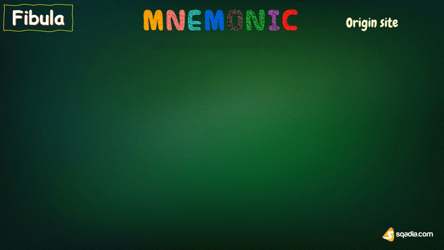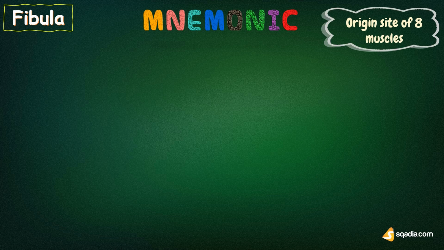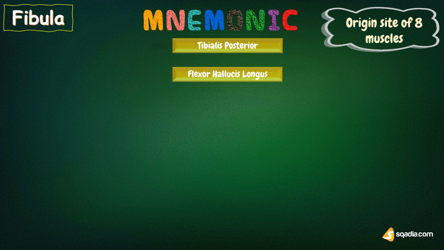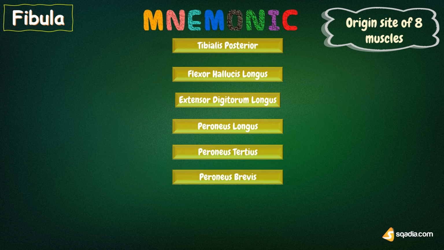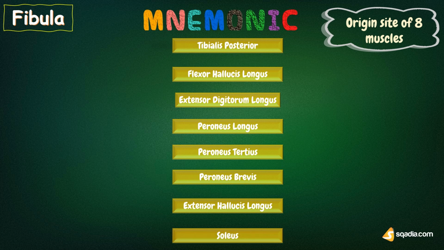For now, to help you remember the muscles that originate from the fibula, we have another mnemonic. The 8 muscles that originate from the fibula are tibialis posterior, flexor hallucis longus, extensor digitorum longus, peroneus longus, peroneus tertius, peroneus brevis, extensor hallucis longus, soleus.